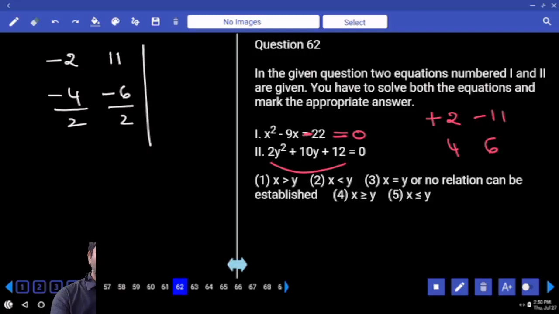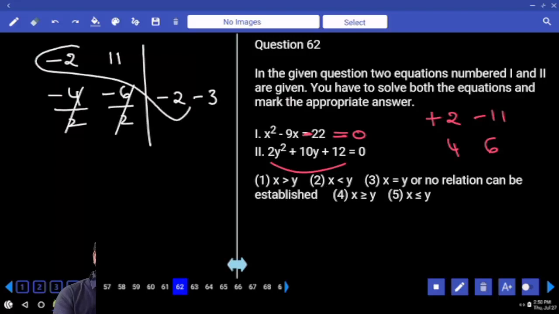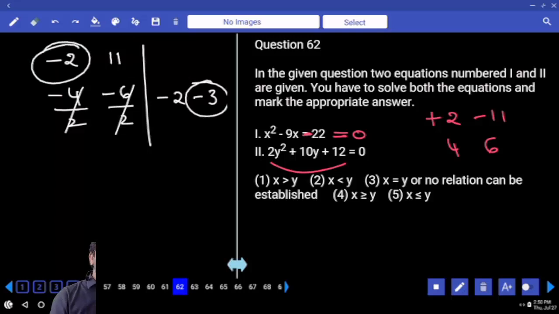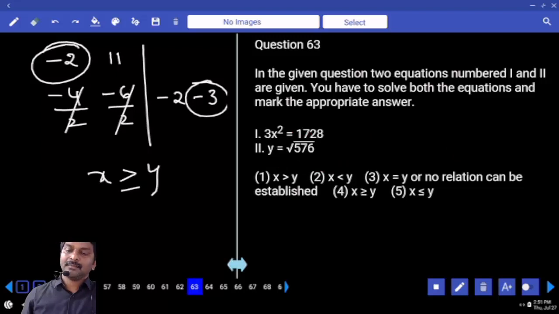How much do these values become? Minus 2, minus 3. First of all, minus 2, minus 2. Positive number and negative numbers. Greater, correct? Minus 2, minus 3. So x is greater than or equal to y. 3 how many times? 5, 7, 6.